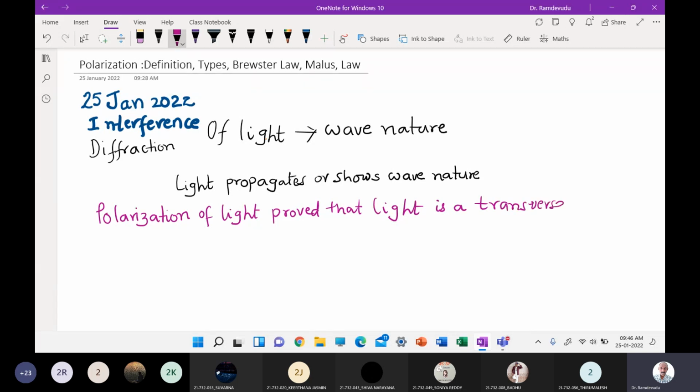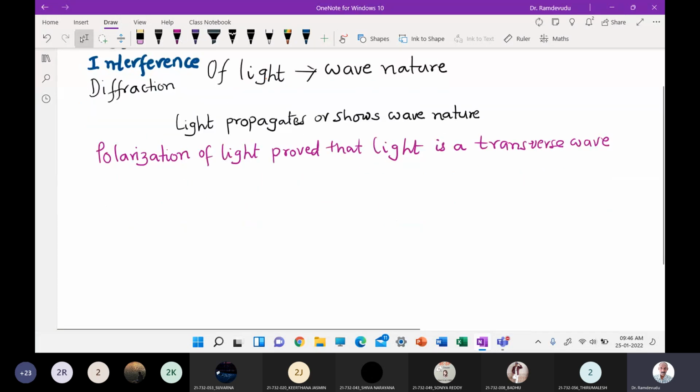We will define what polarization is soon. Polarization of light proved beyond a doubt that light is a transverse wave. The transverse nature is observed only when the wave shows polarization. So polarization is now the key to establish that light is a transverse wave.